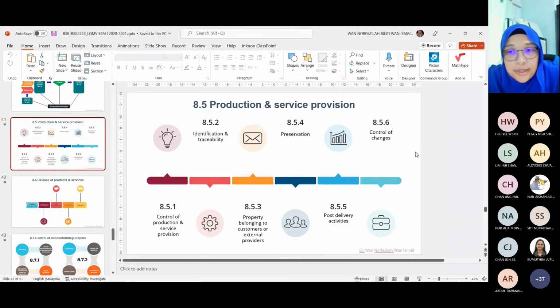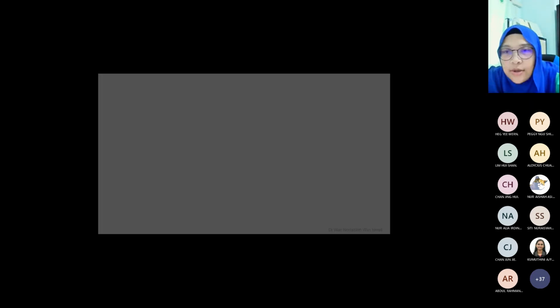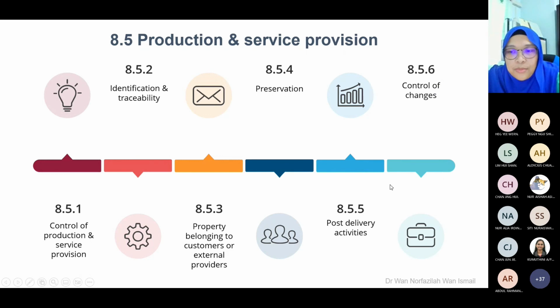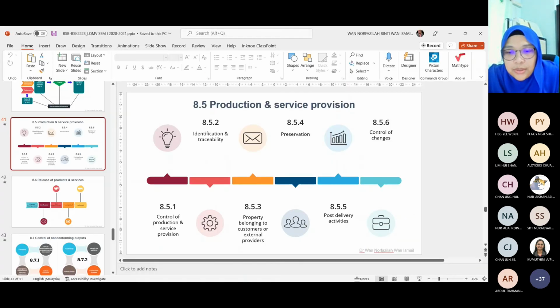Yang you tak dengar yang mana? Ayat last yang 8.5.6 tu lah yang tiba-tiba hilang. Lepas tu doktor dah masuk apa? Oh, 8.6 tu. Okay, thank you. Saya tak tahu macam mana boleh mute saya sebab saya buat slideshow, so saya tak ada button nak unmute ke mute ke. Saya tak tahu macam mana dia boleh mute sendiri. Okay.